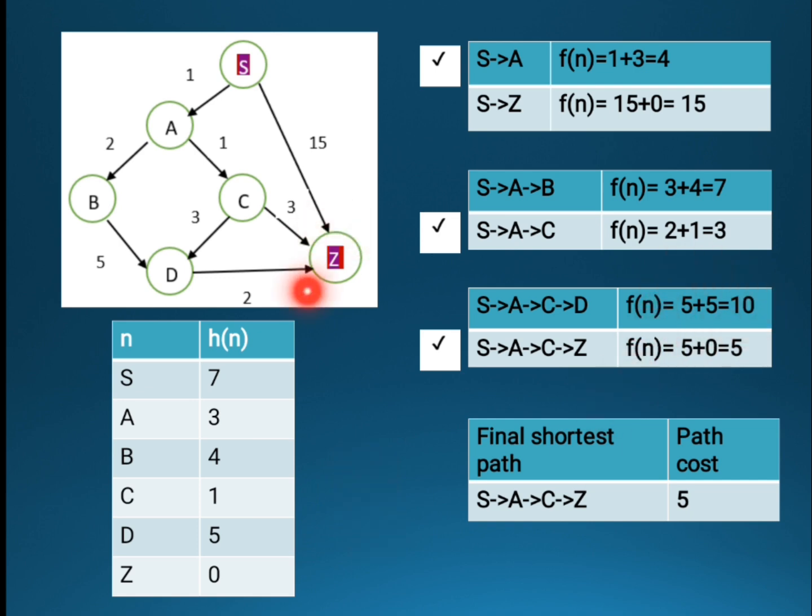And for Z, the distance from S to Z is 1 plus 1 plus 3, which is 5, plus 0, the h of n value. 5 plus 0 is equal to 5. As you have seen, in this path we have travelled from the source node S to the goal node Z. So we can select this as the final shortest path with its cost value.